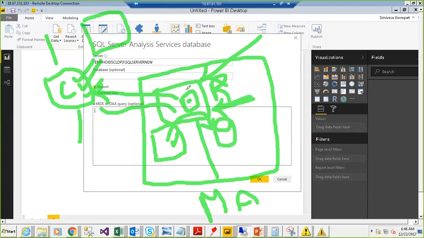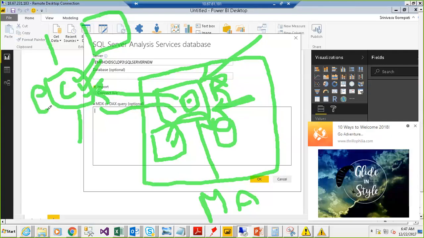Now your question comes into play. Once you develop your data model, you need to deploy it in Control S, so the database will be in their network. From accessing that database, you are creating your Power BI report. Whenever you publish it, you need to have a relation between these two things.